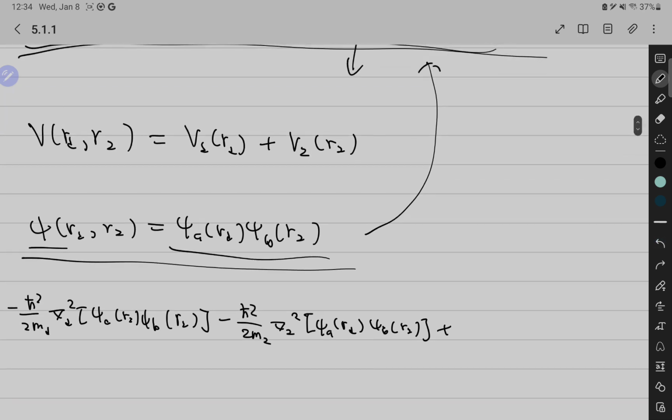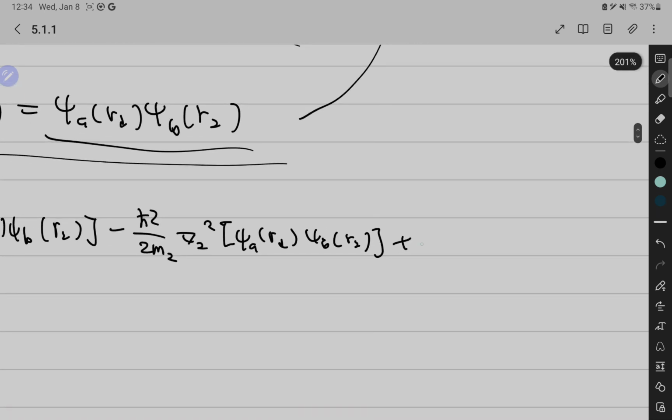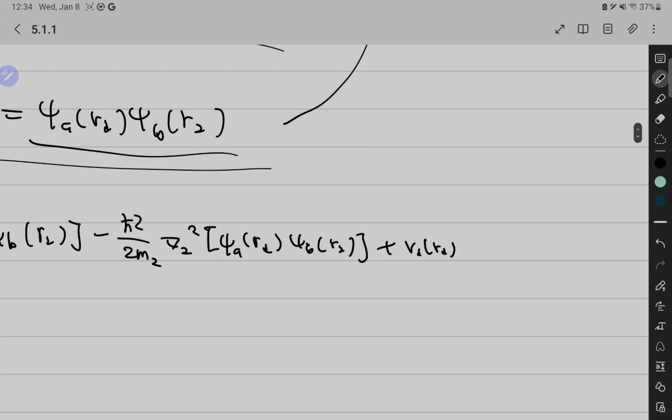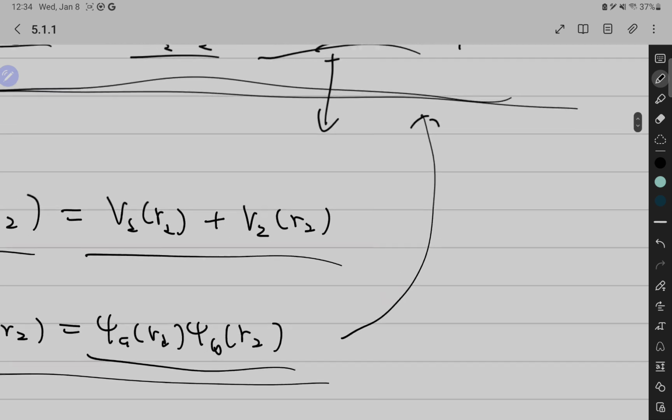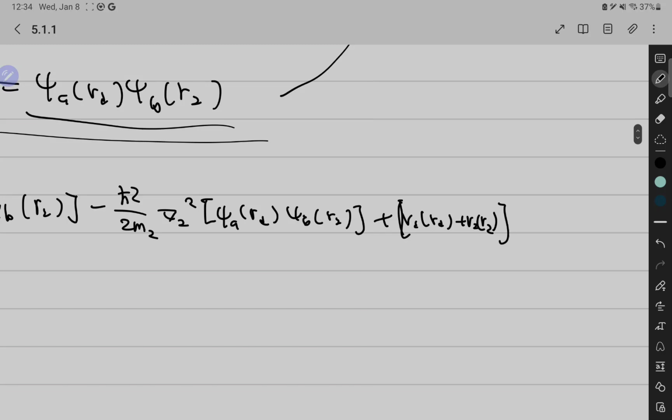In this case, our potential, right, is V1(R1) plus V2(R2). This multiplied by our wave function.